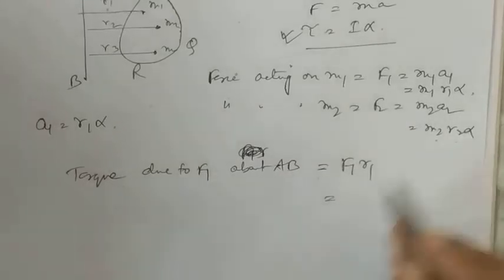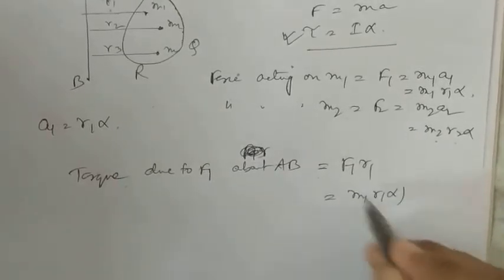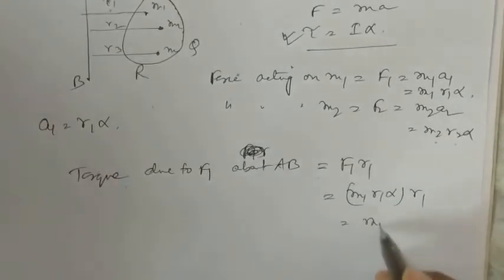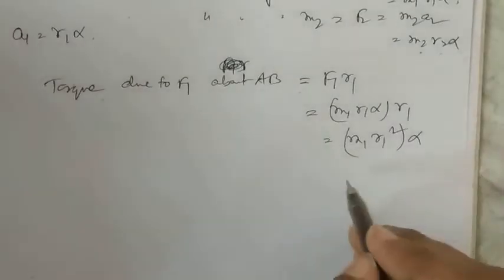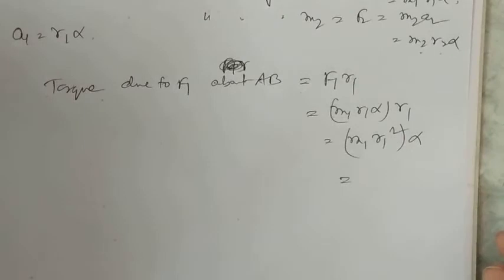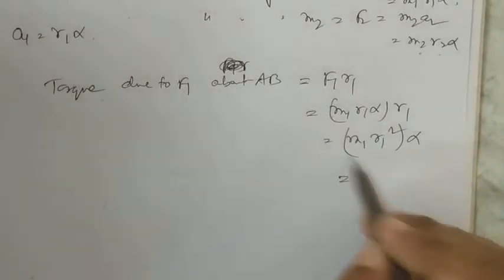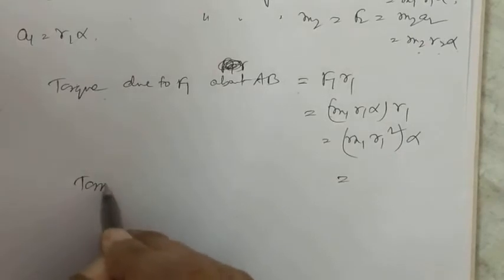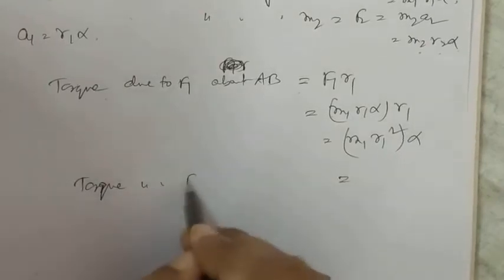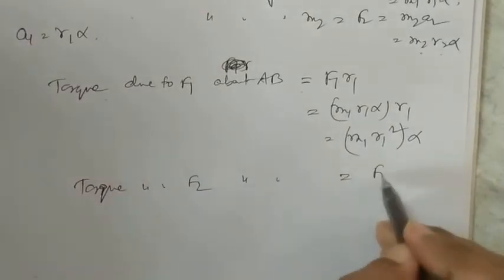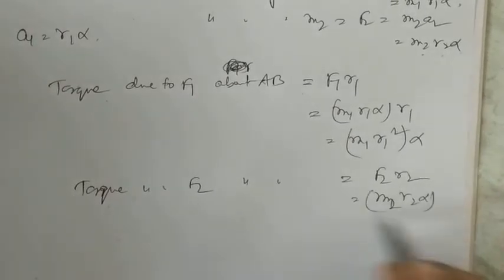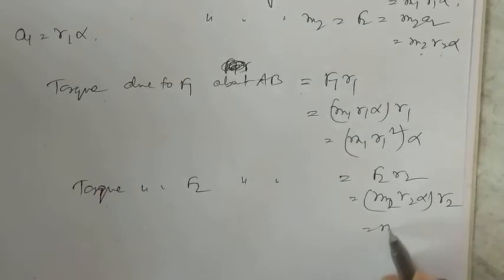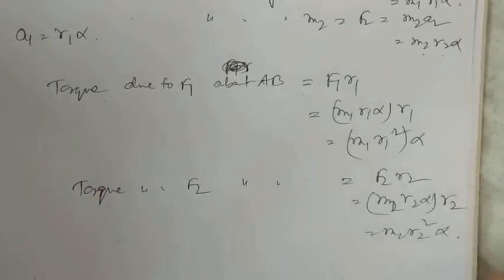That is F1 replaced as M1 R1 alpha into R1. That becomes M1 R1 square alpha. This M1 R1 square term will be related to the moment of inertia. How? Similarly, you can find the torque due to F2 about AB: F2 R2, that means M2 R2 alpha and R2 again, so M2 R2 square alpha.